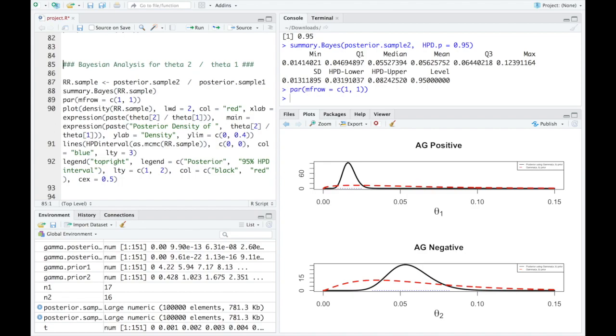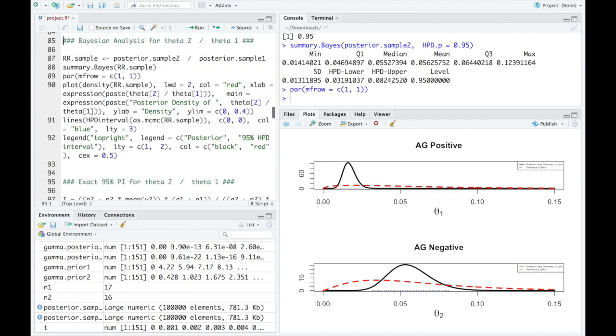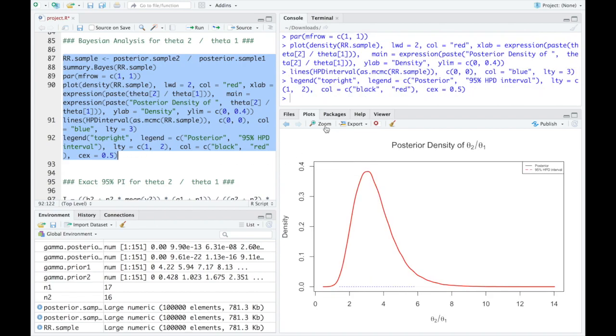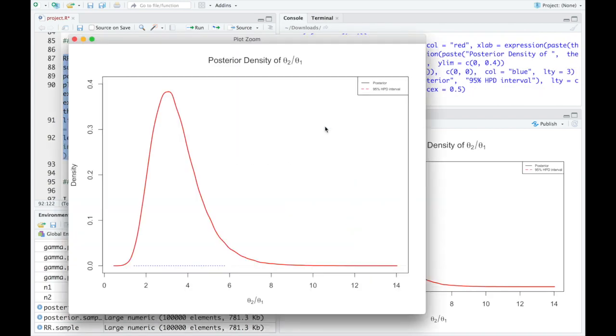So here's the code for the posterior density of the risk ratio. You can also see the HPD interval in the plot. Taking a closer look, the mean risk of death from leukemia for Ag negative patients seems to be about 3.5 times higher than that of patients with Ag positive characteristics.